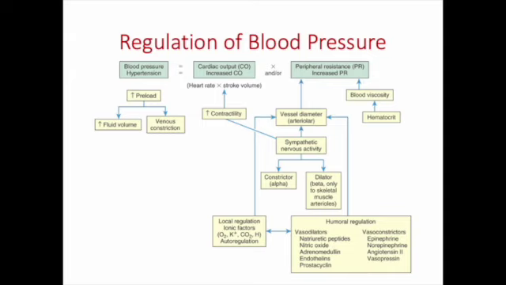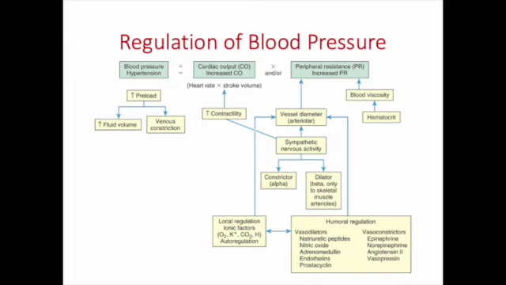Contractility, which is regulated by the sympathetic nervous system, can increase your cardiac output as part of a feedback loop. The peripheral resistance has to do with your hematocrit and your blood viscosity. Your sympathetic nervous system is controlling the vessel diameter at the arteriolar level. It also is going to regulate constriction versus dilation.